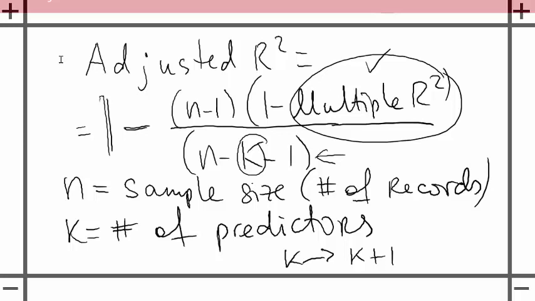Okay, so let me actually draw you a picture. So this is what the picture will look like. This is the number of variables, K, the number of predictors. So I told you that if I start adding more and more predictors to any model, what will happen to the regular multiple R squared?